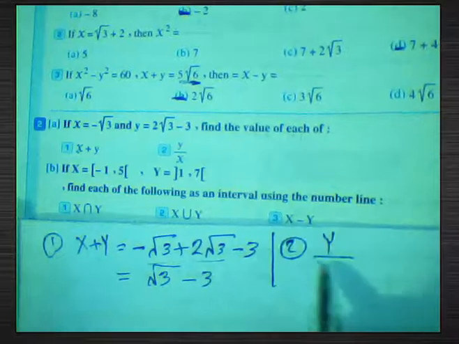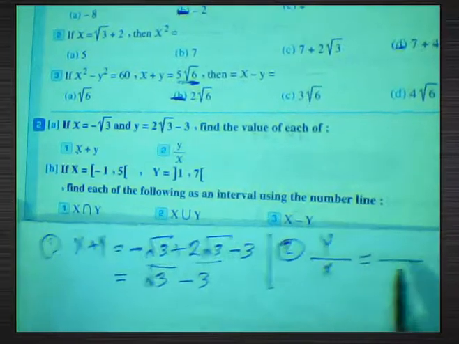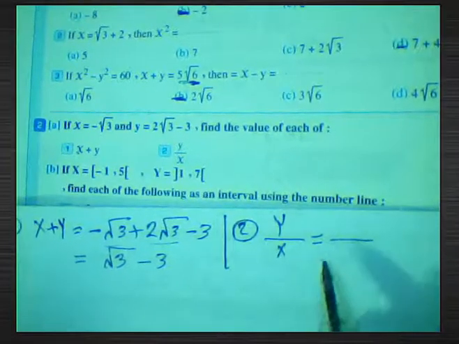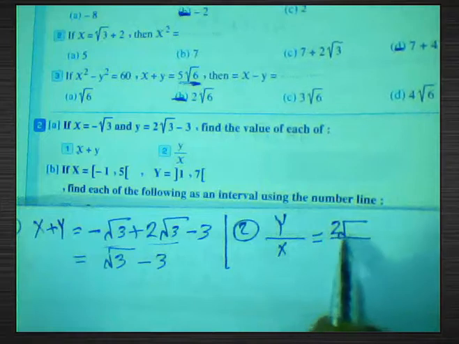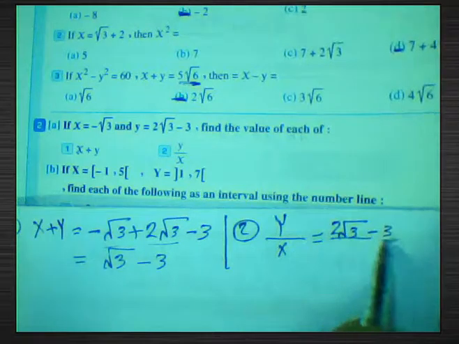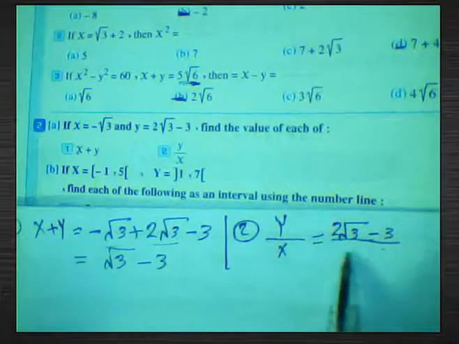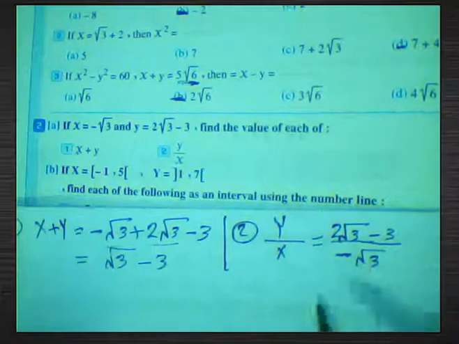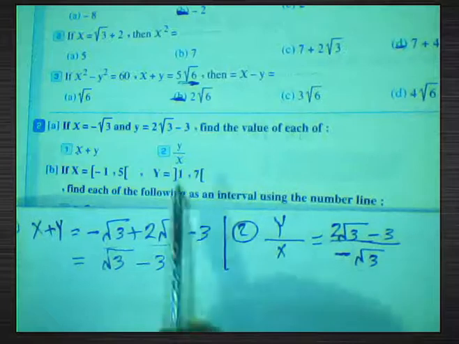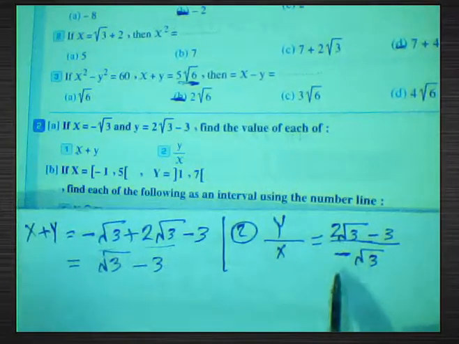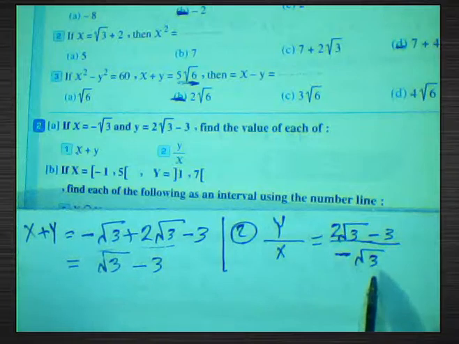He wants to find y over x. Y over x, we will write the value of y over the value of x. The value of y equal 2 square root of 3 subtract 3 over x. x will be negative square root of 3. Again, y equal 2 square root of 3 subtract 3, over x equal negative square root of 3.